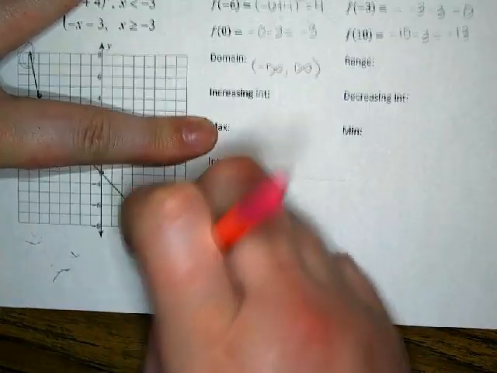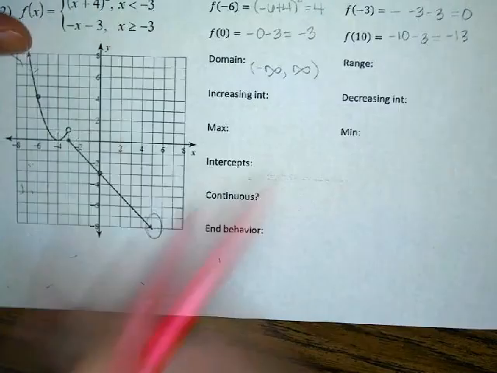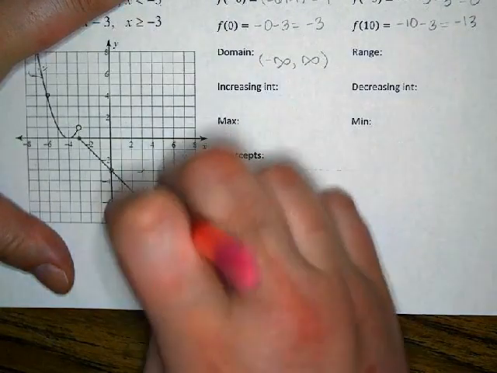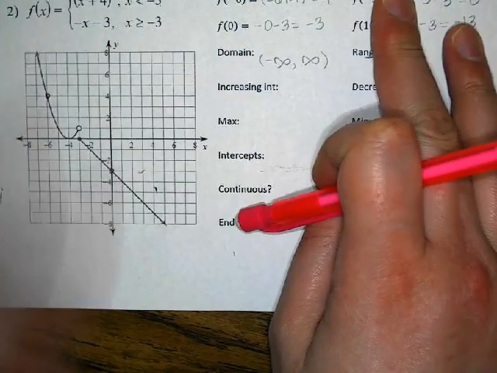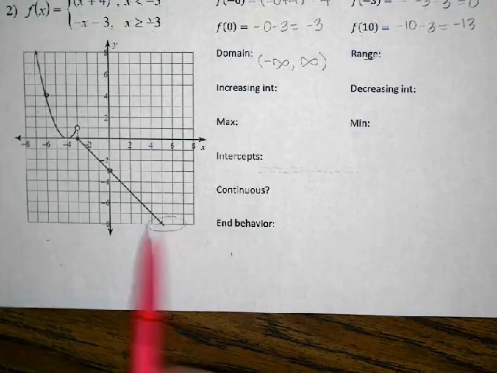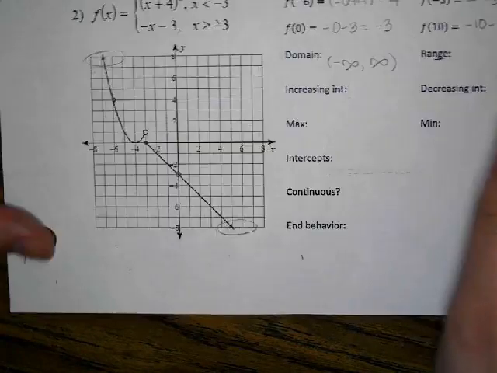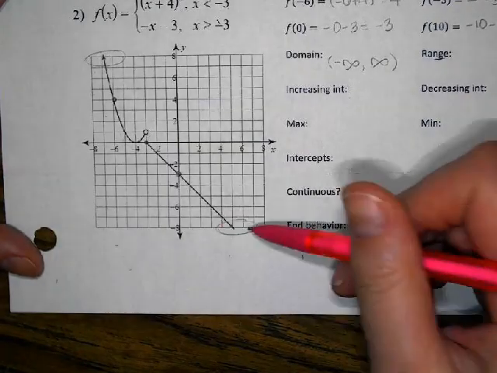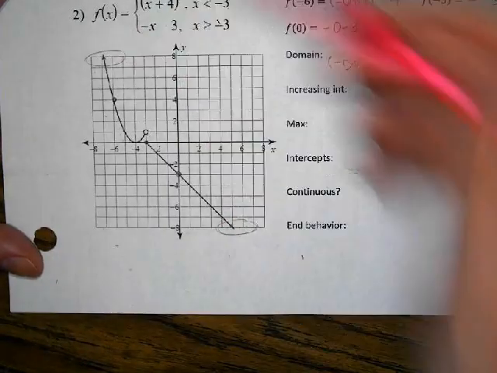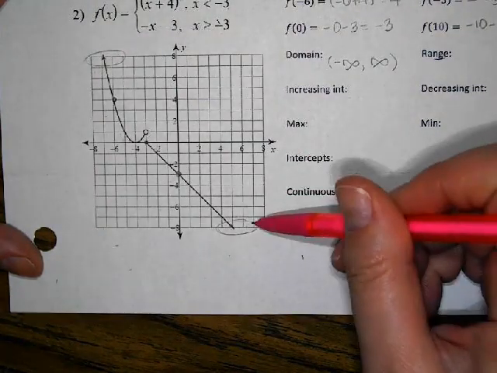Okay. I'm going to do the same thing for the range. I'm going to look from the bottom of the graph to the top of the graph, and then I'm going to see if there's any y values that I need to worry about. So the bottom of the graph is down here. The top of the graph is up there. So what numbers do you see so far from the bottom to the top? What's the number for the bottom?